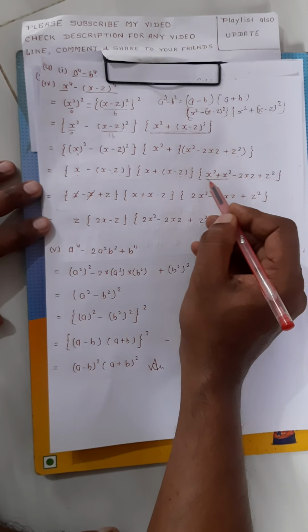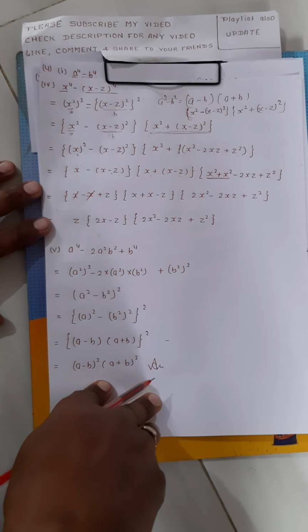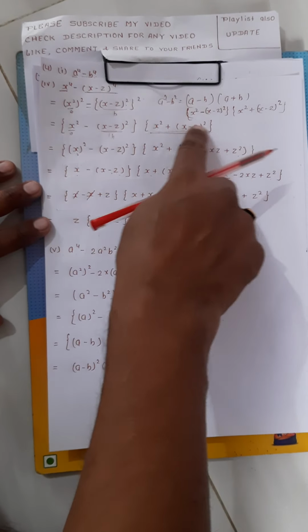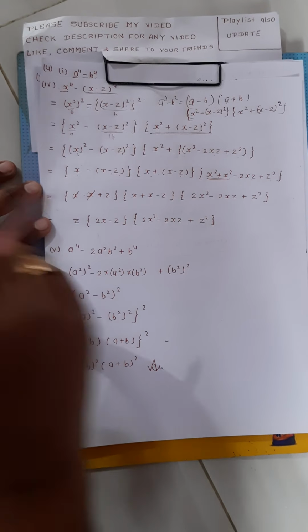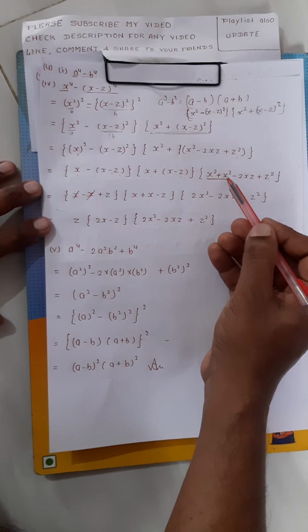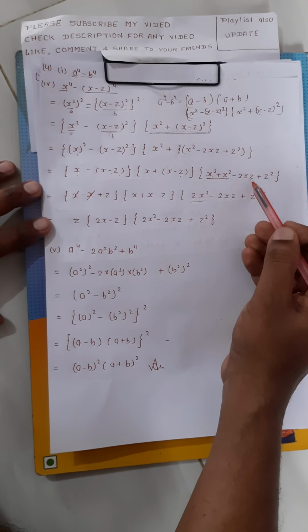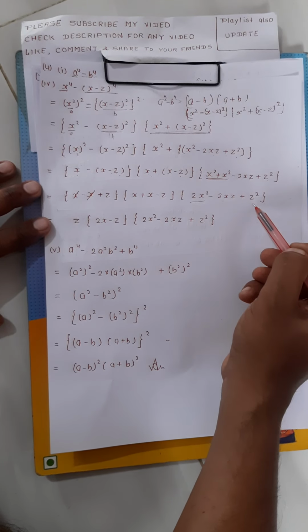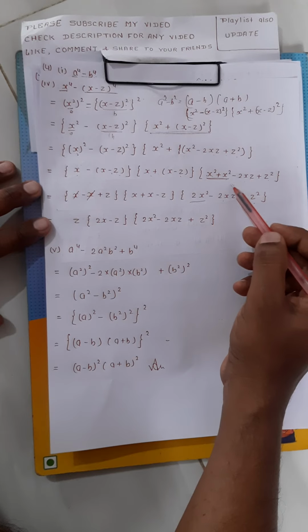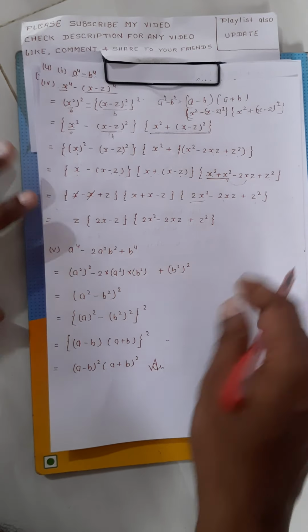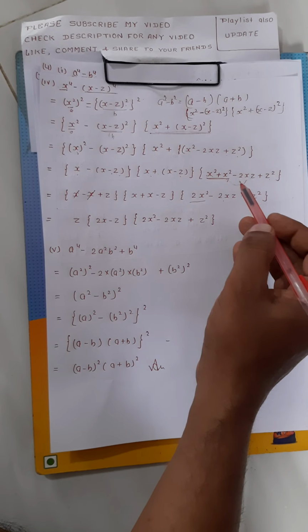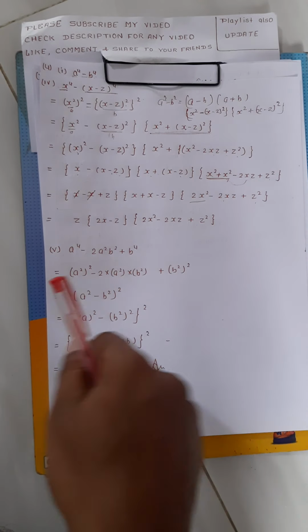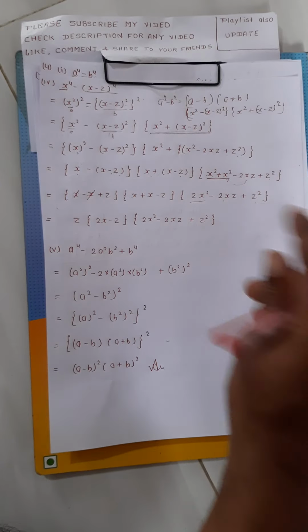This x square plus x square will be added, that's why we expanded this (x minus z) whole square. Okay, now x square plus x square is equal to 2x square, 2xz same to same, z square same to same, because no other sum or minus can be applied here. Okay, so this will come directly.